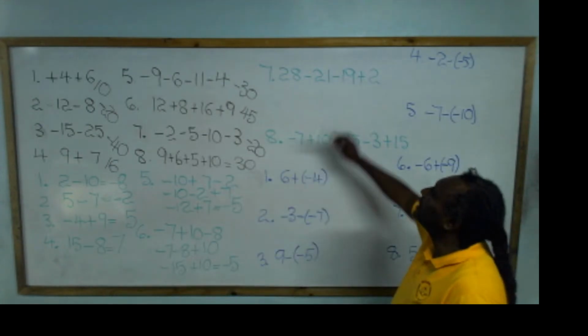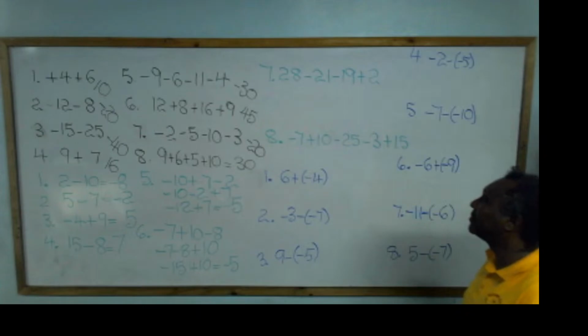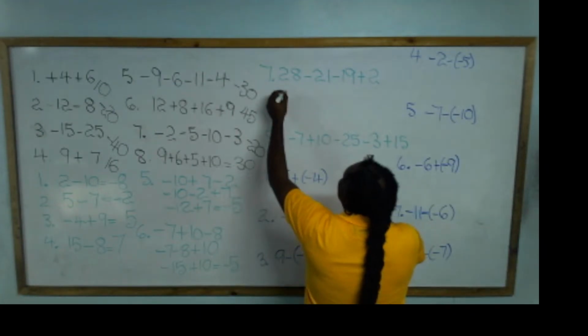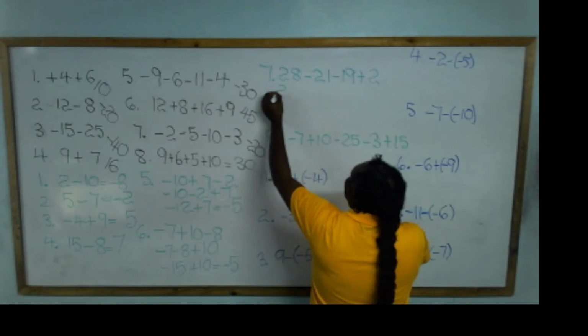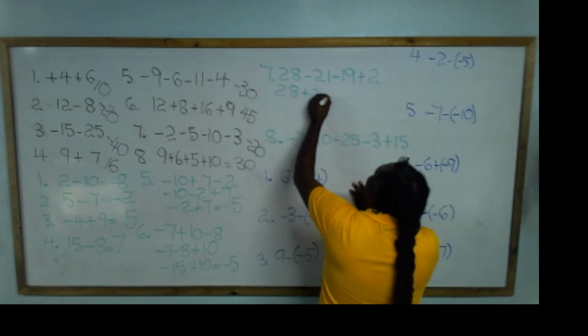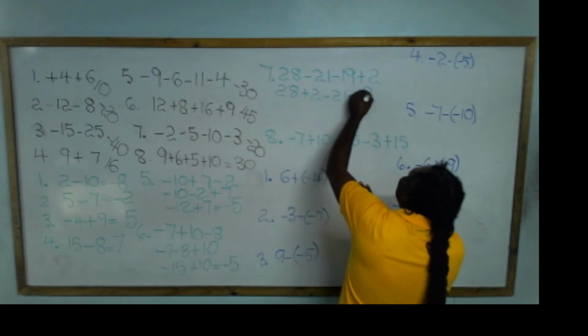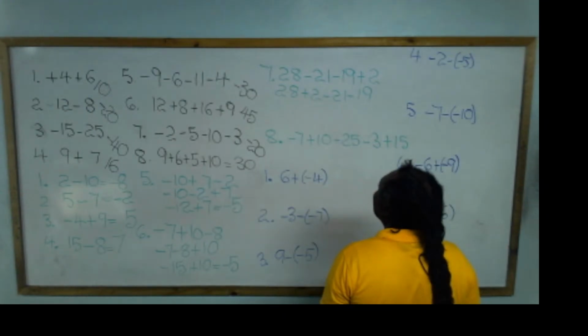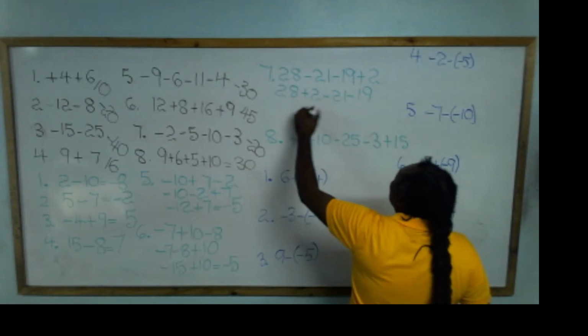What about this one? What would I do? I would put the 28 with the 2 and the negative 21 with the negative 19. The 28 with the 2 will give me 30.